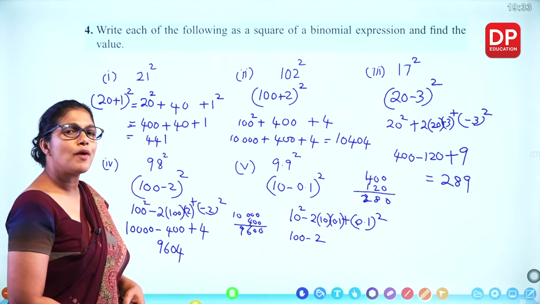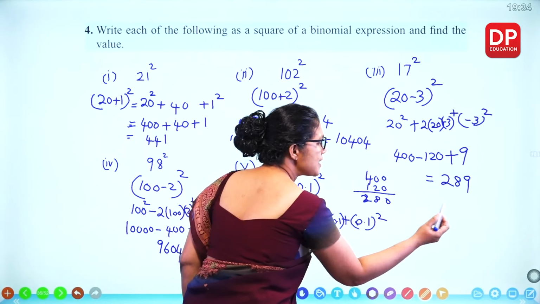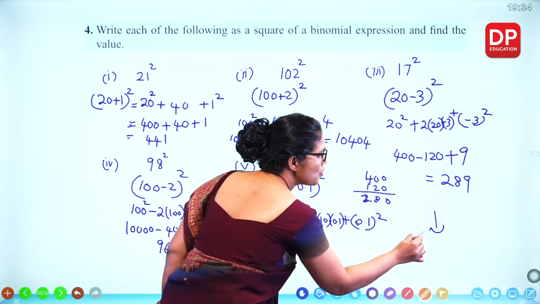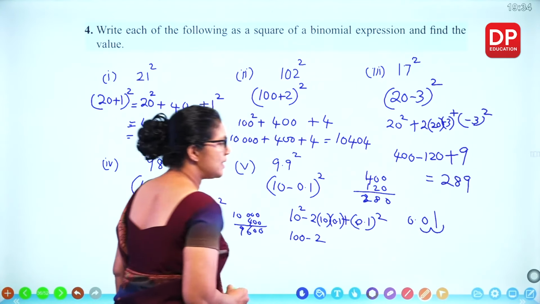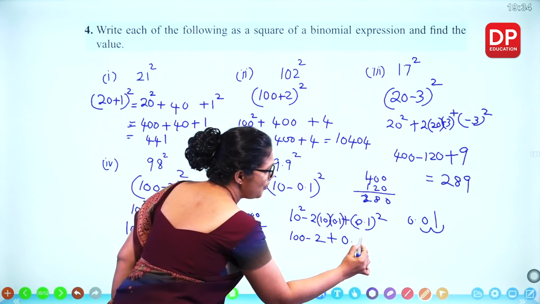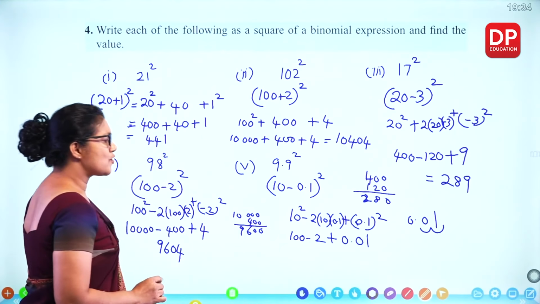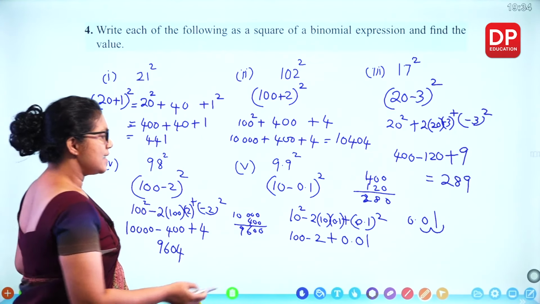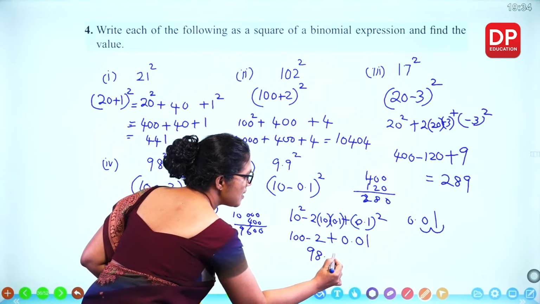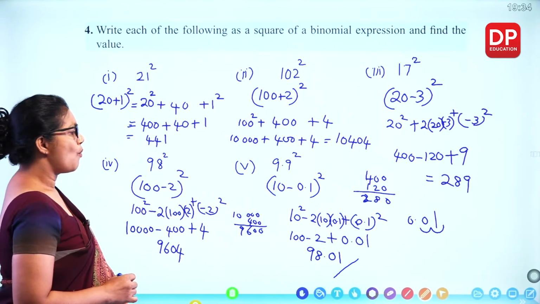How do you find 0.1 into 0.1? You just multiply 1 times 1, 1, and you get 2 decimal places. So you have to keep 2 decimal places. So you will get 0.01. So you are adding 0.01. So what's the answer? Here 100 minus 2 is 98. 98 and plus 0.01 becomes 98.01.